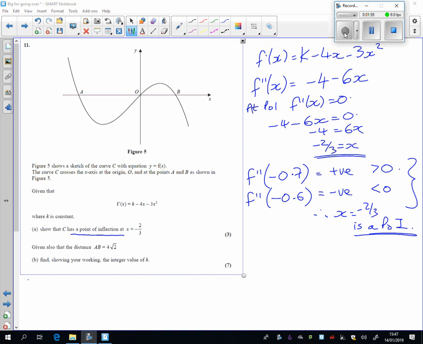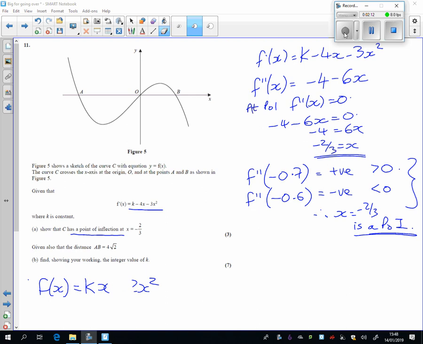Now for the second part, I've actually got to try and find out what f of x is. f of x is going to be this thing integrated. So I'm going to get kx, not plus, minus 2x squared, and I've also got minus x cubed there then.